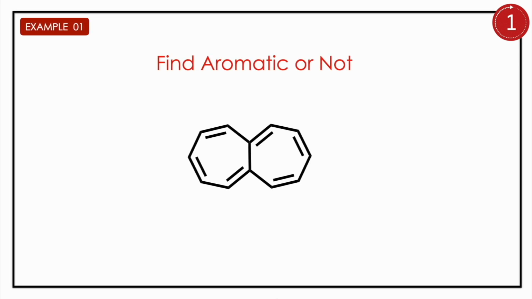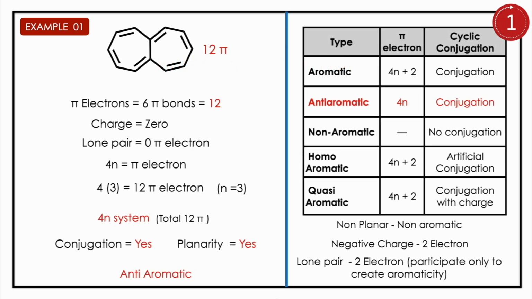Let us see the first example. Here you have two 7-membered rings, fused and connected through 2 carbons. We have to find whether it is aromatic or not. The system looks cyclic, so let us analyze the pi bonds. There are 6 pi bonds, so 12 pi electrons.